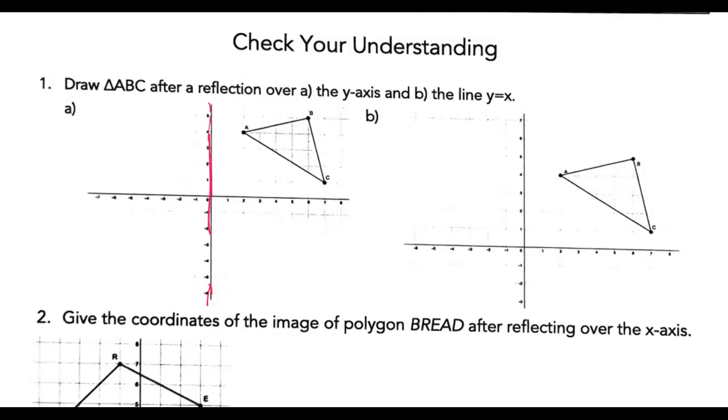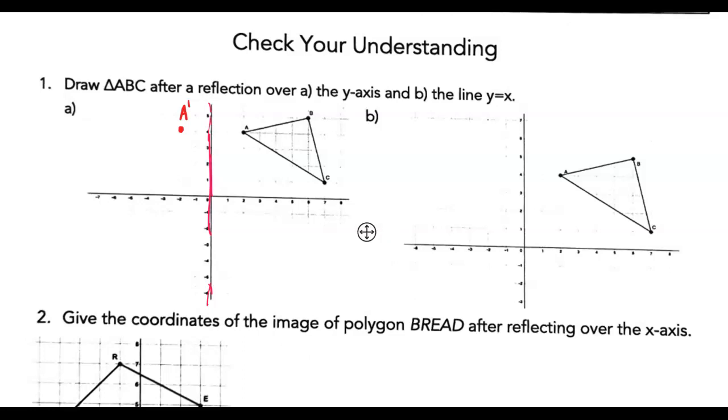So for A, we're 2 units to the right, so now let's move 2 units to the left. We're going to estimate this because the grid is a little light. And then we're going to label that A prime. It's really important that you label the new points. And then point B is 6 units to the right. So now we're going to move 6 units to the left and the same distance up.